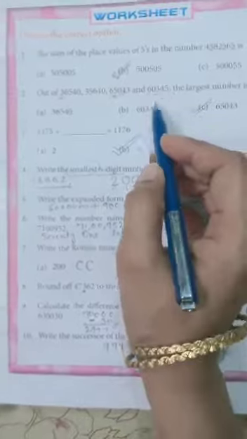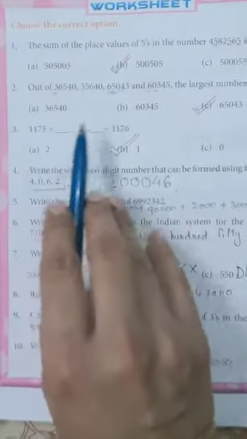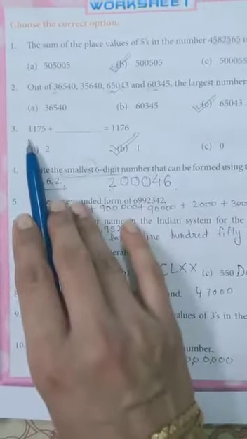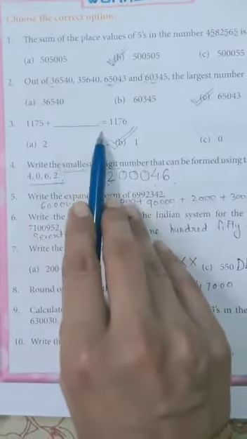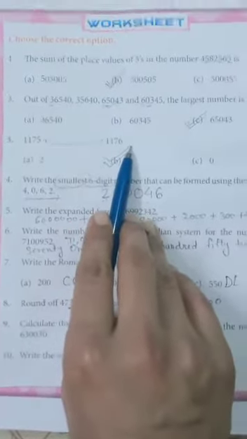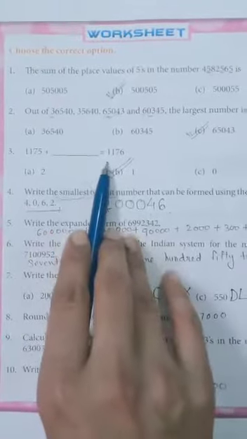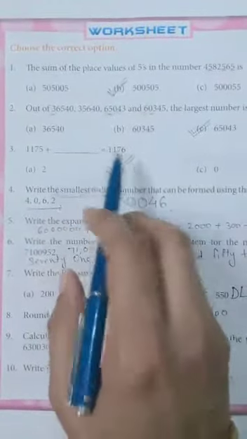Okay. Now see question number 3. What do we have to do here? 1,175 plus what will give us 1,176? So very simple. There are two ways to find it.